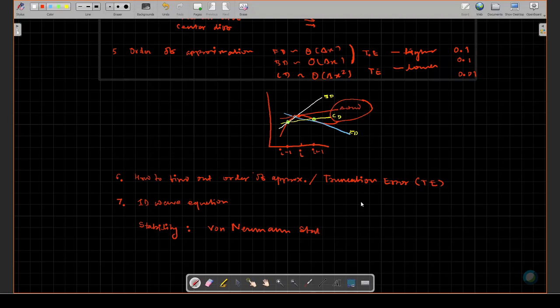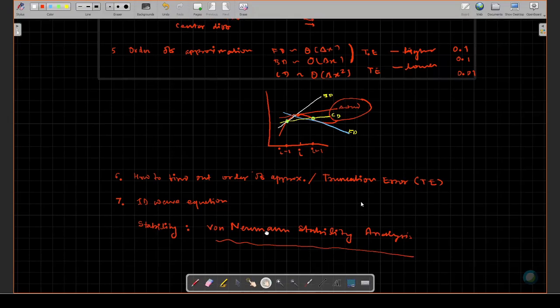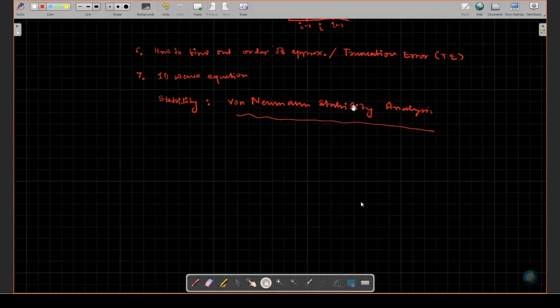You should be in a position to do von Neumann stability analysis for any scheme. That is a must. Any problem of any nature that comes to you, you should be able to do this von Neumann stability analysis for that problem.